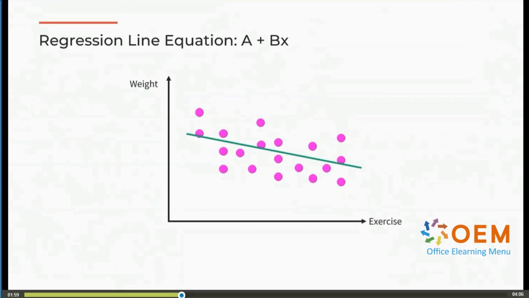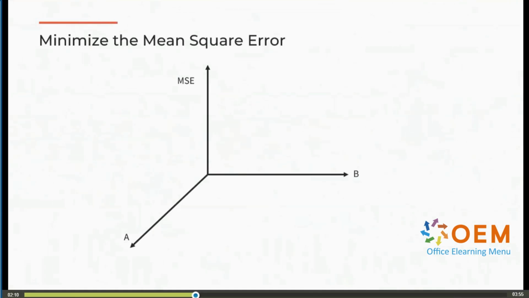In order to understand stochastic gradient descent, we'll visualize the model parameters and the loss of the model in three-dimensional space. Along the x and y axis, I have the model parameters of our linear regression model, A and B. However, these can represent the model parameters of any model that you're looking to optimize using stochastic gradient descent.